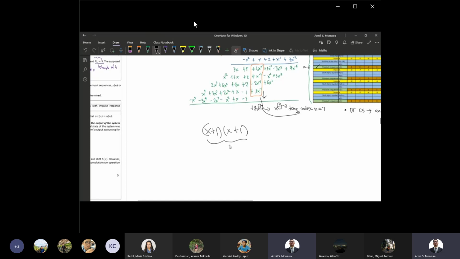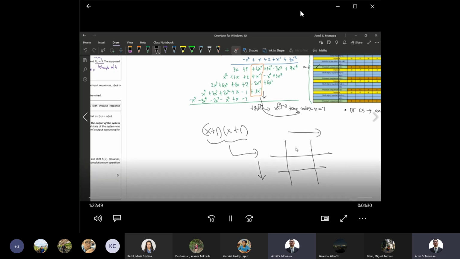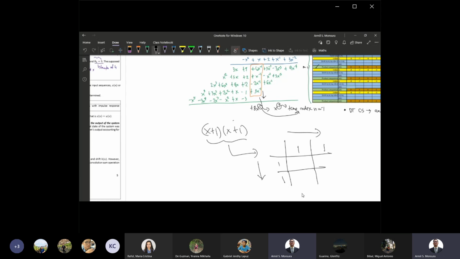Ang ginagawa nyo, yung table. Nilalagay nyo yung coefficients nung isang polynomial horizontally, yung isa naman vertically. So say for example, for x plus 1, you'll have it as 1 and 1 here. Tapos ito naman, vertically. So 1 and 1 here.